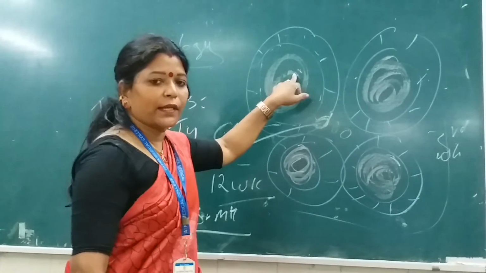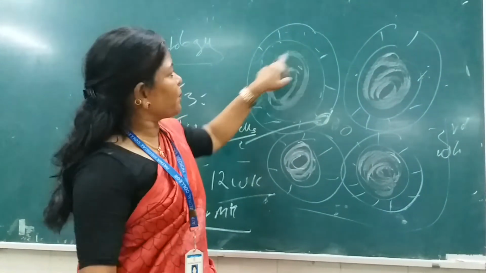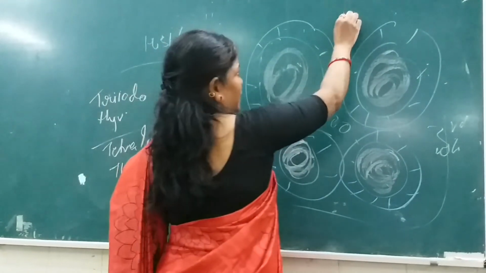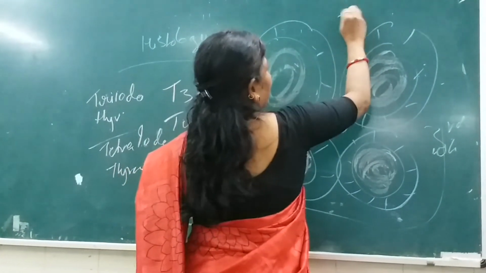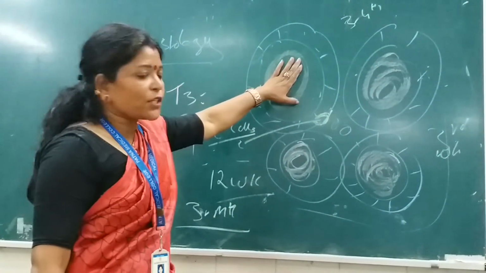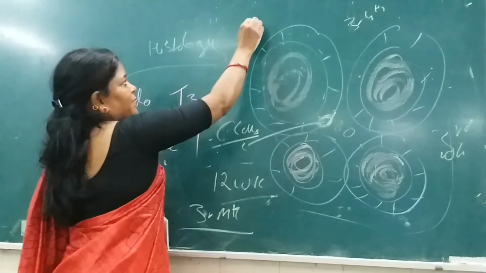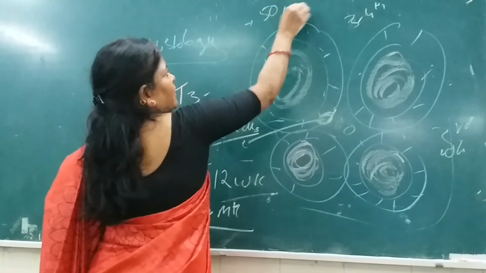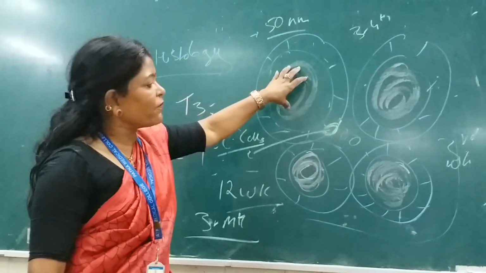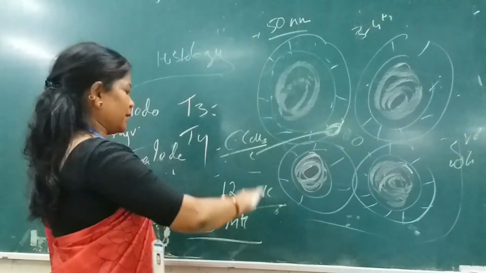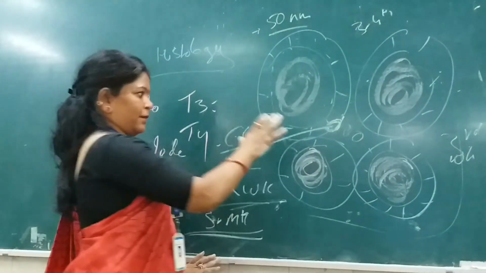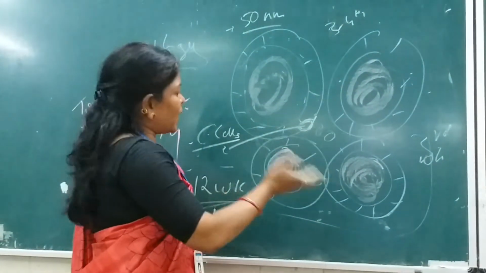The first primitive thyroid follicle is formed when the fetus size is 50 mm, then the definitive follicle is formed, and later after the 12th week secondary follicles are added on.